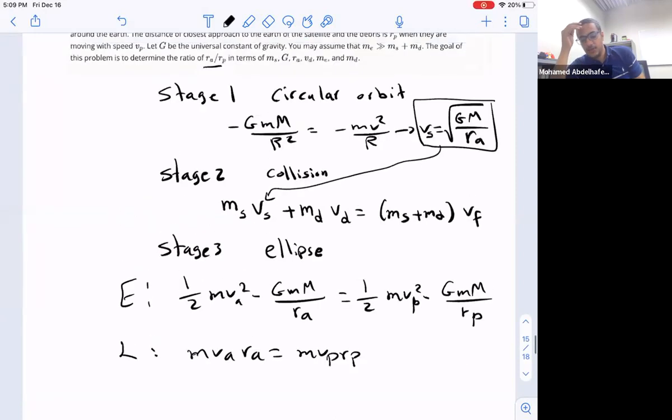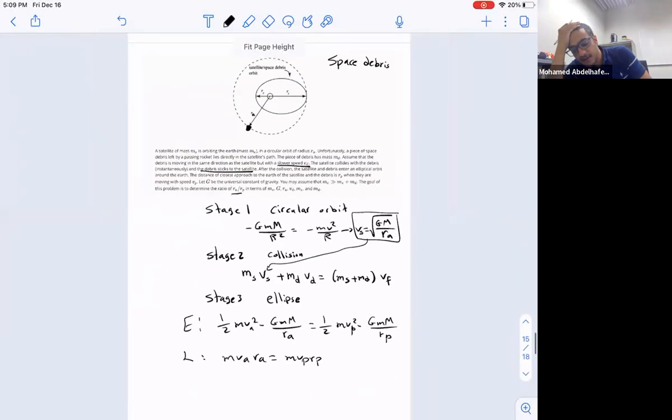This particular practice problem splits itself into part A, stage one, part B, find the collision, part C, find the final thing. It doesn't have to tell you that. You could be asked just for the final thing, and you will have to split it on your own. So it's good practice to say, okay, I see a collision, so I'm going to split the problem into pieces.